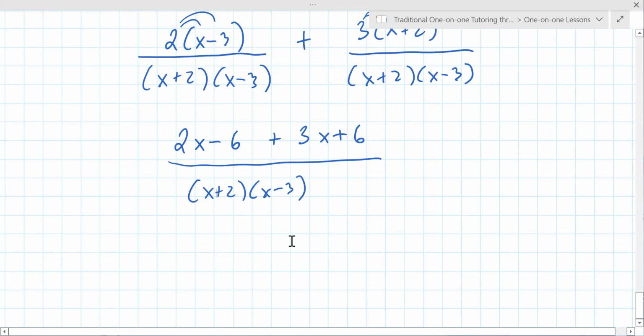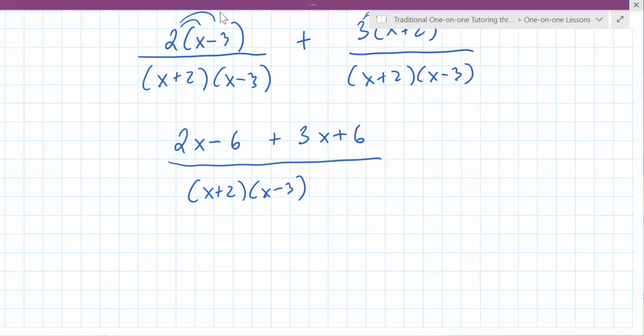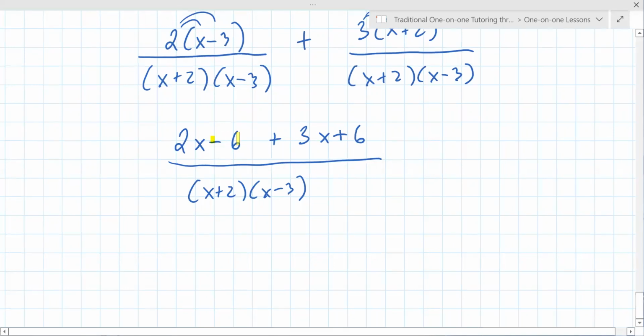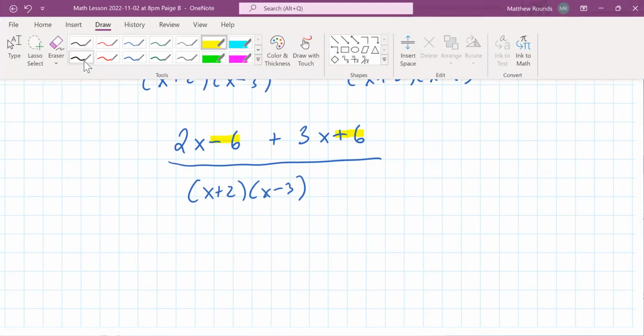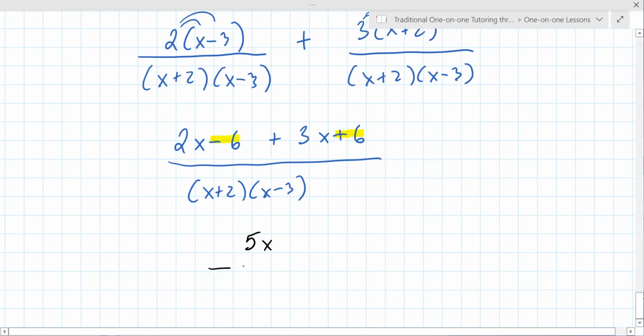It'd be negative x. 2x is positive, then 3x is positive. Oh, never mind, I was looking at the minus in front of the 6. So it'd be 5x. Yes, 5x over x plus 2, x minus 3.